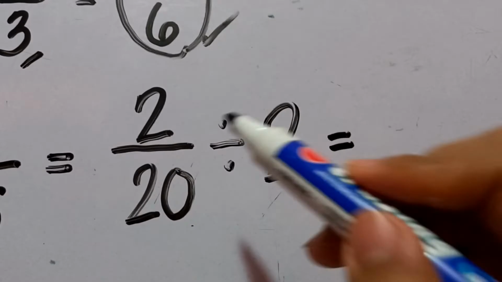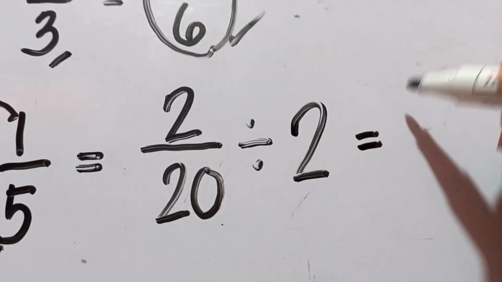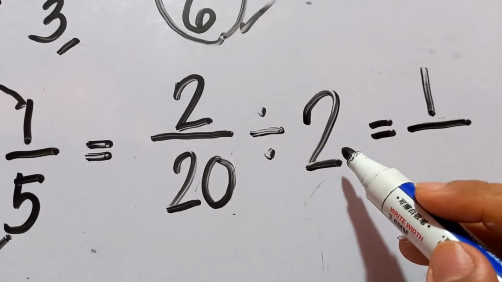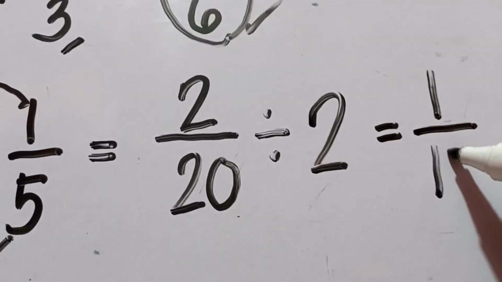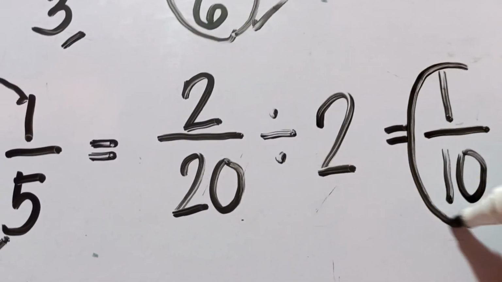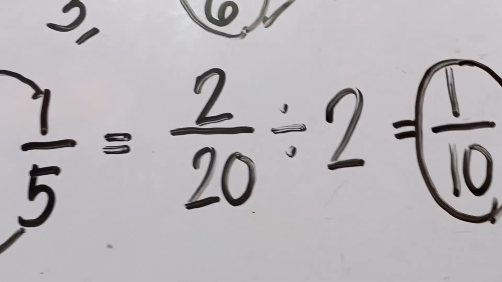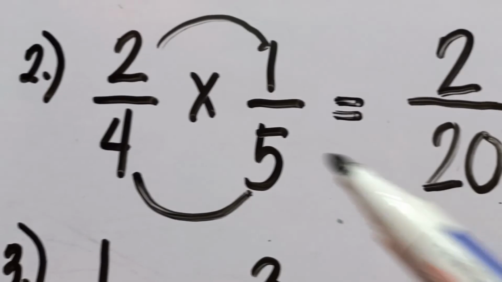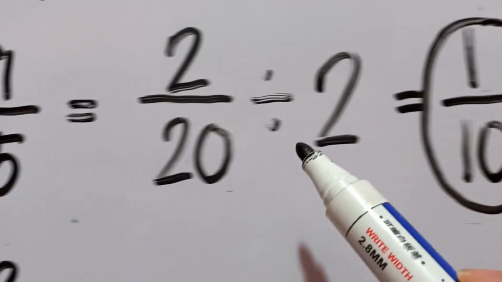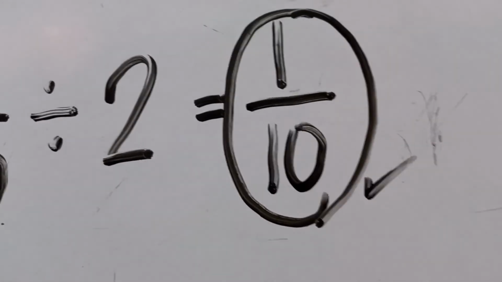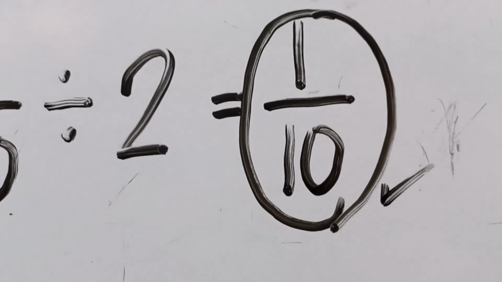We have here 2 divided by 2 equals 1. 20 divided by 2 equals 10. We now have 1/10. Therefore, 2/4 times 1/5 is equal to 1/10. Is it clear?